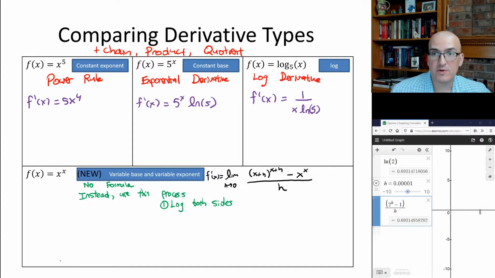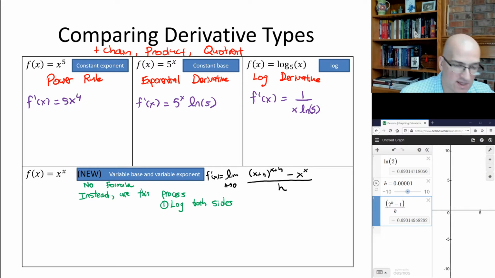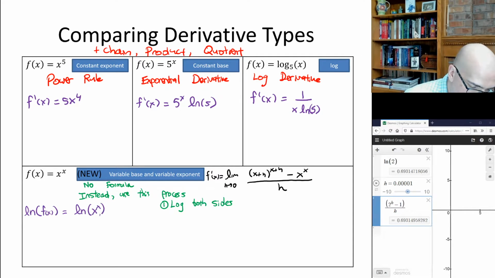Now, truth be told, you can take the log using any base that you want, but I'm always going to use ln because it's easier. There's no extra pieces that come down. So I'm going to ln the left side, the ln of f of x, equals the ln of the right side, the ln of x to the power of x.